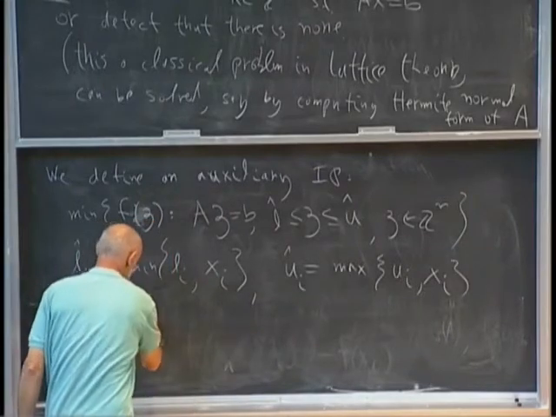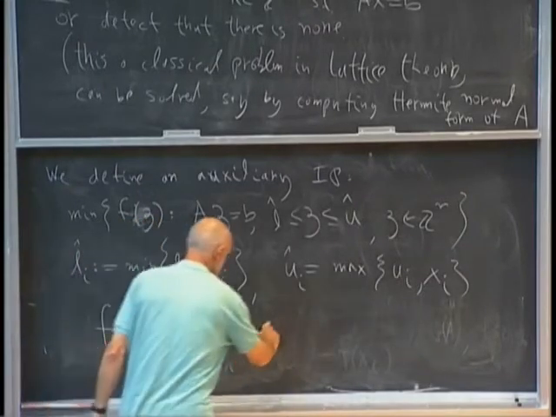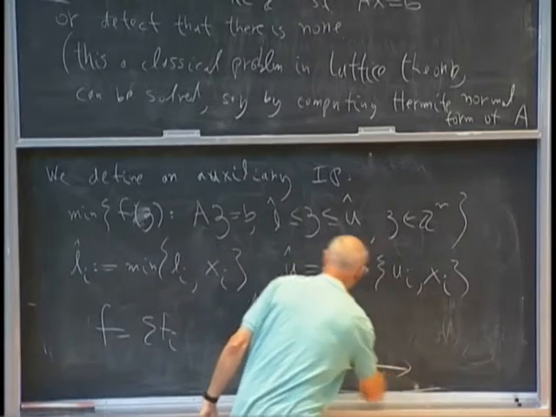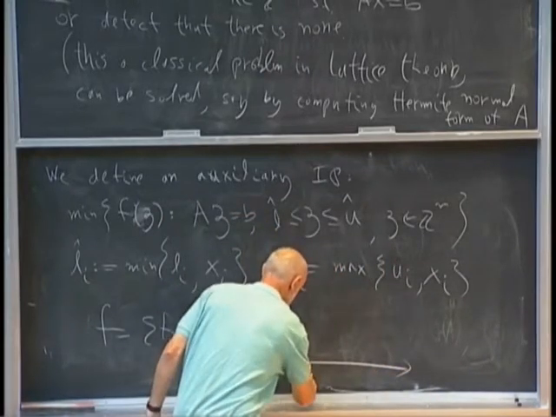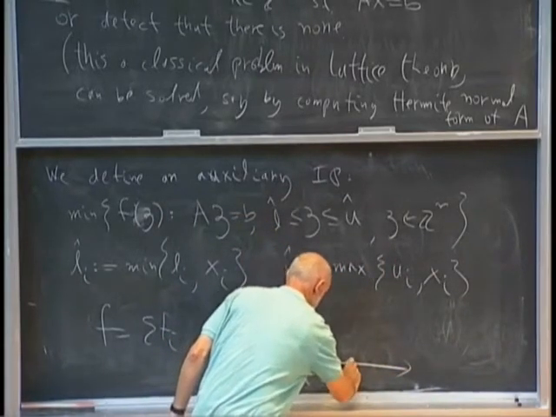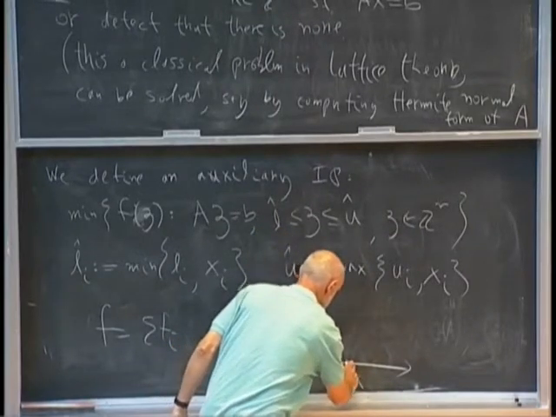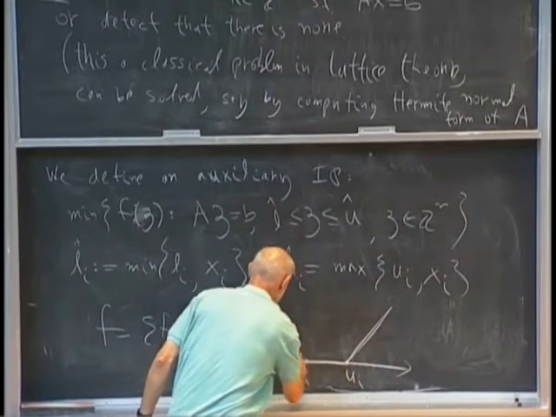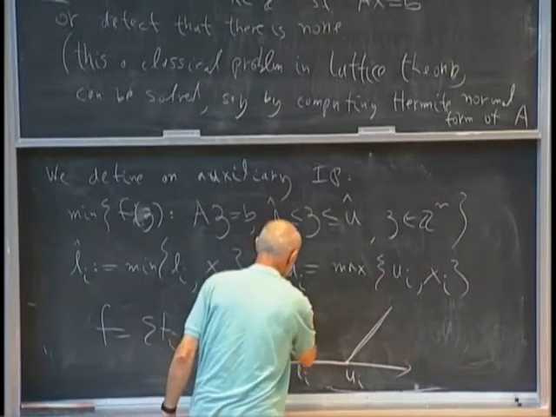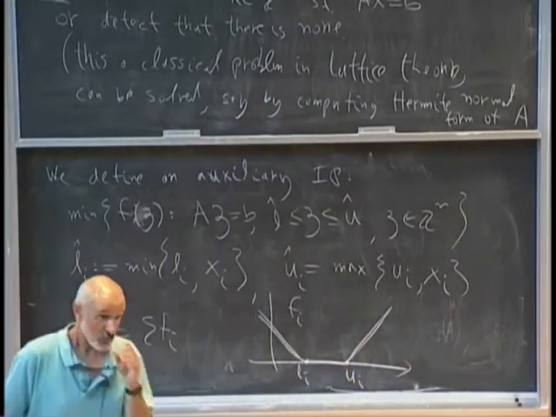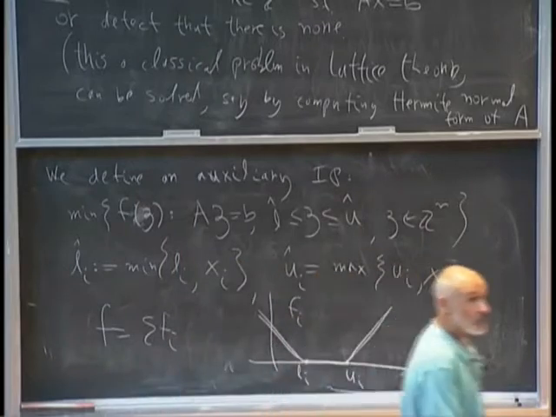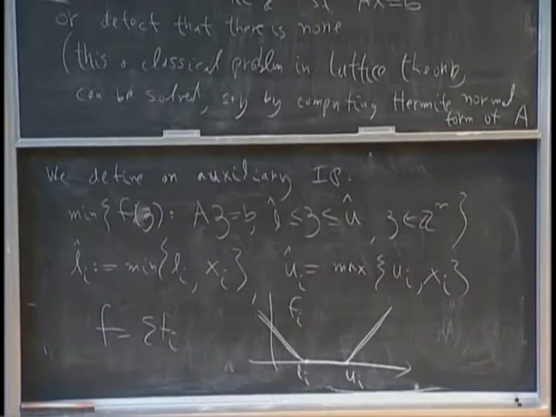F is separable convex, and this is f_i. Okay, let me try to explain this, as I think I got a little bit too technical in this last half hour.